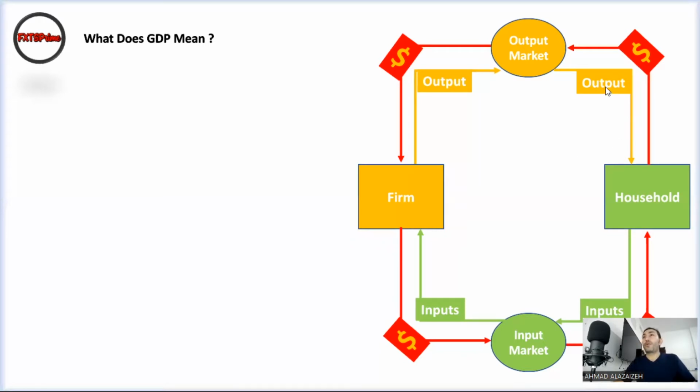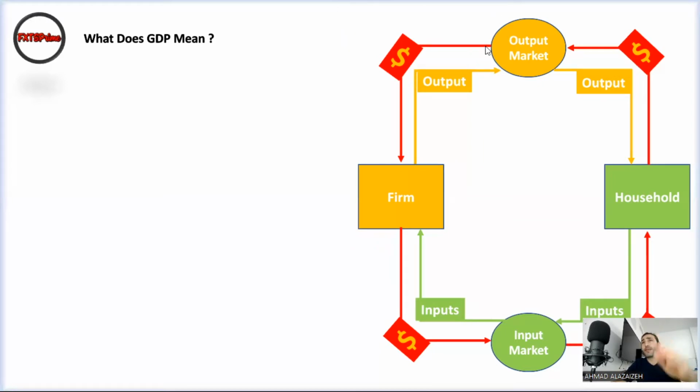However, when you look at the money circulation here, you can see that the money is circulating in the other direction. The output market will give money to the firm, and we call that revenue, because whatever is produced in the firm and sold in the output market is considered revenue.